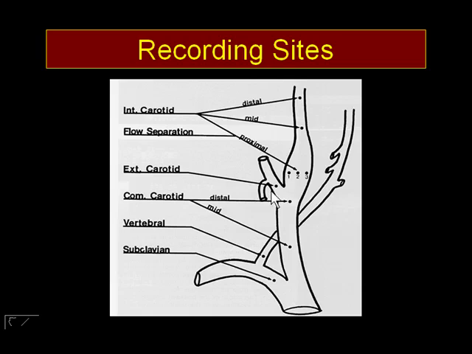We would then acquire an image at the origin of the external carotid artery and one at the vertebral, and again, sometimes within the subclavian. Again, every study is bilateral, so we're talking about at least 12 images per study.